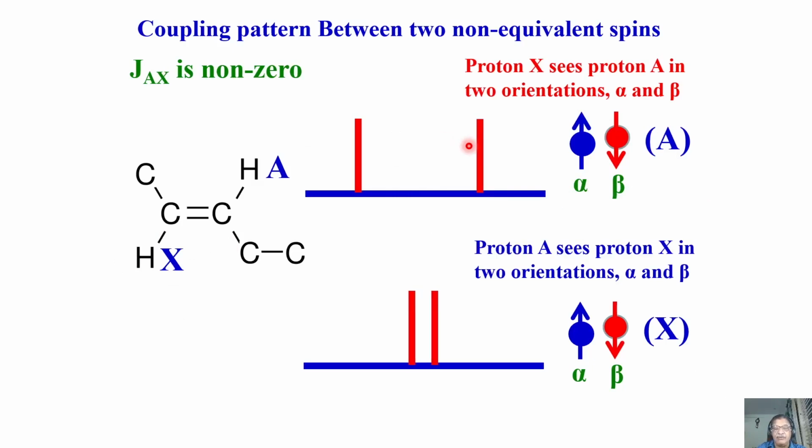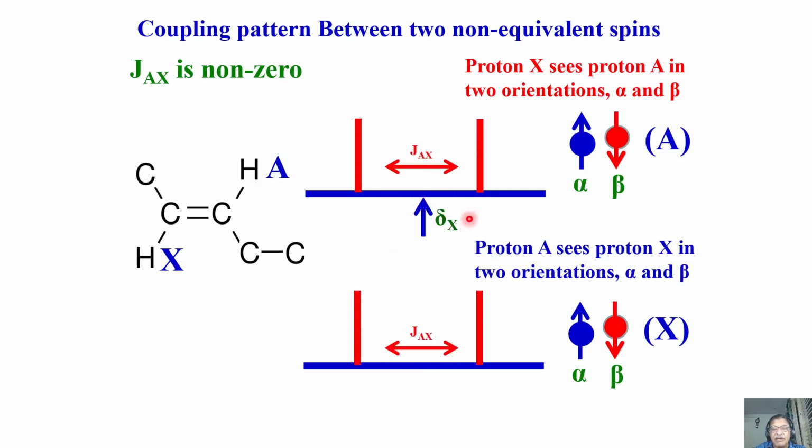Identically, A sees X in two possible orientations. The center of this doublet corresponds to the chemical shift of X. The center of this doublet corresponds to the chemical shift of A, and this separation corresponds to the coupling constant between A and X. It's JAX. If you measure the simple frequency separation between these two peaks, what you are going to measure is the coupling between A and X.